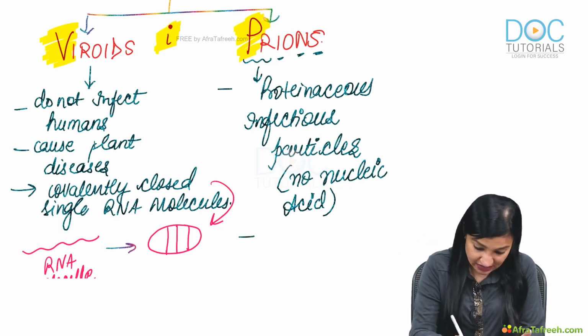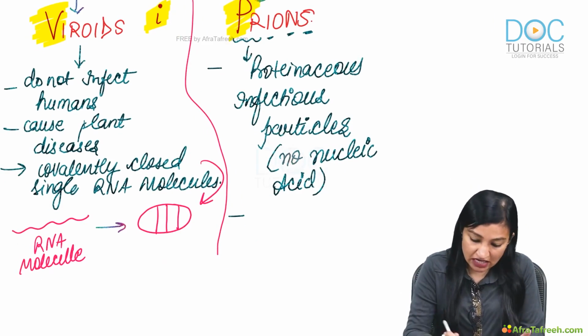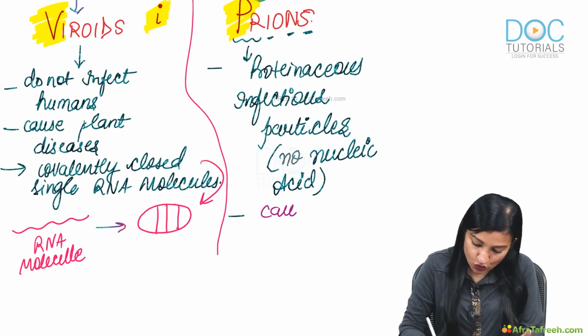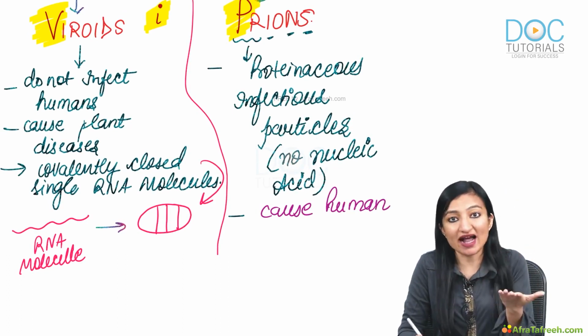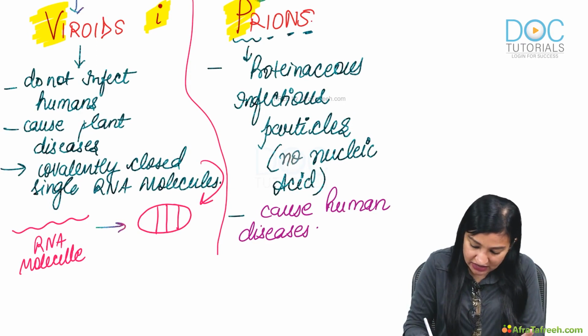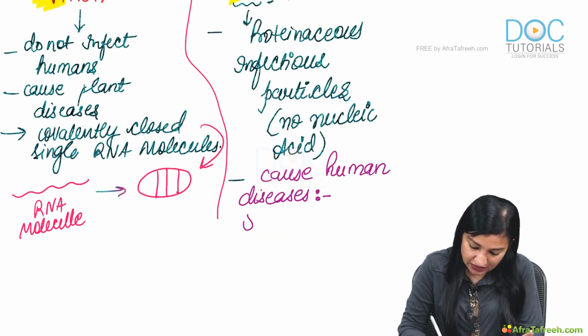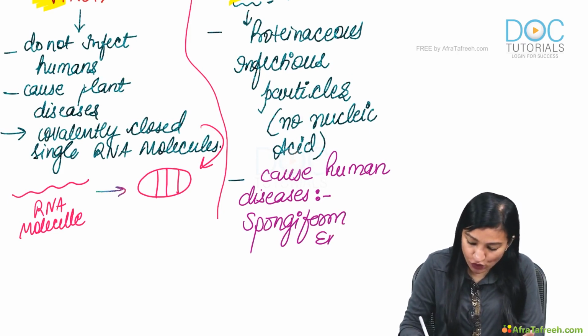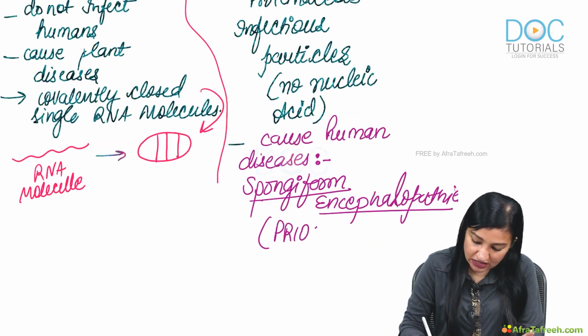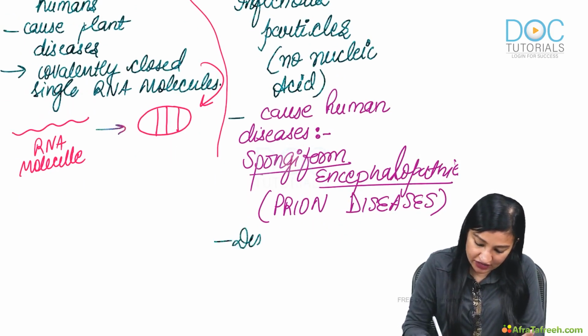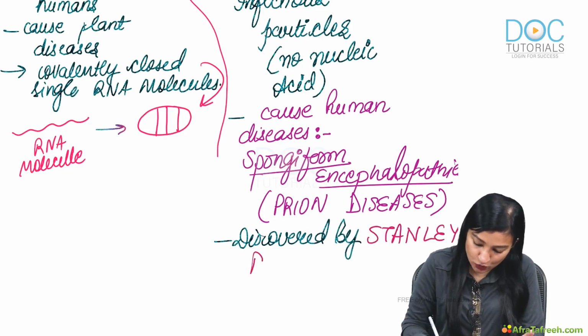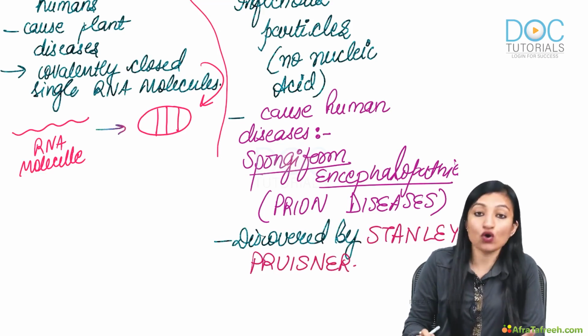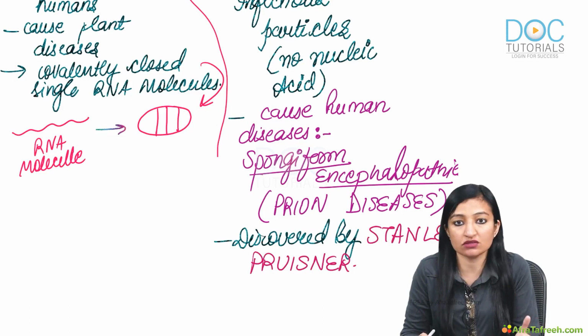Do they cause human disease? Yes. They cause human and also animal diseases, and the human diseases which they cause are referred to as spongiform encephalopathies, simply referred to as prion diseases, and they were discovered by Stanley Prusiner, who was also awarded a Nobel Prize for the same.